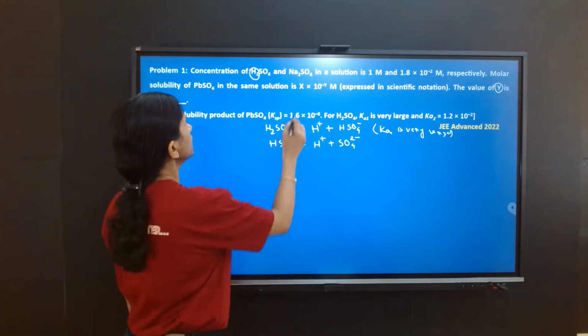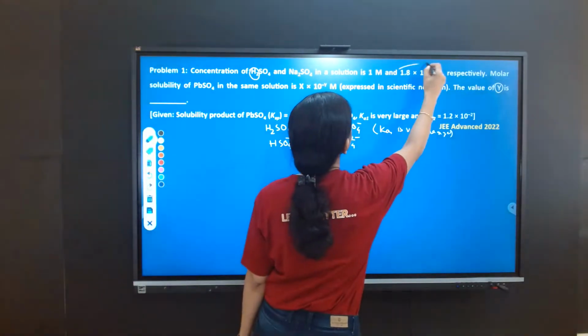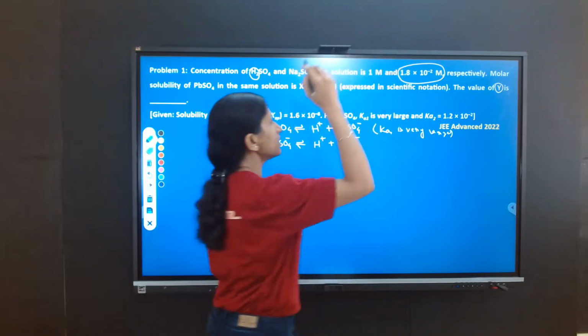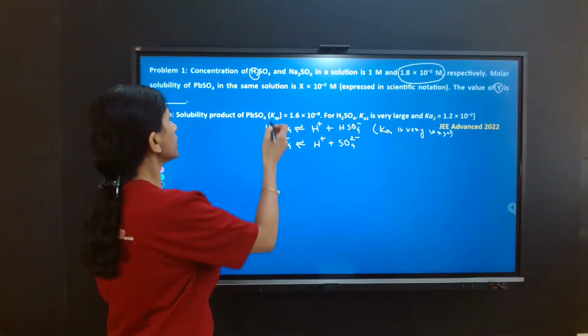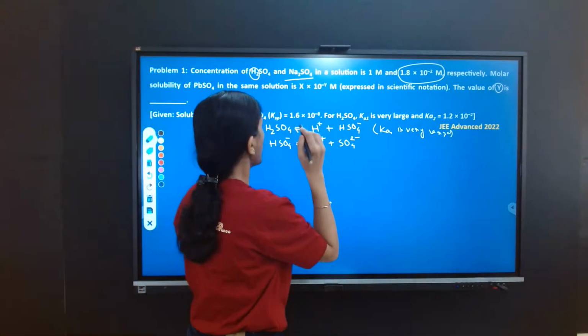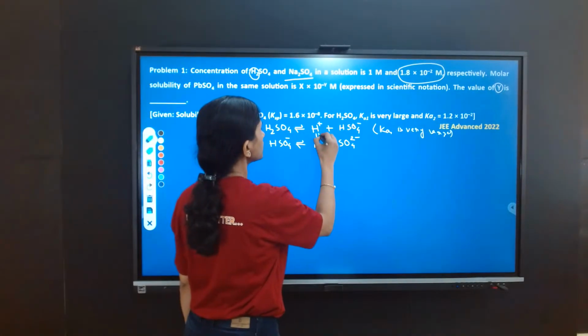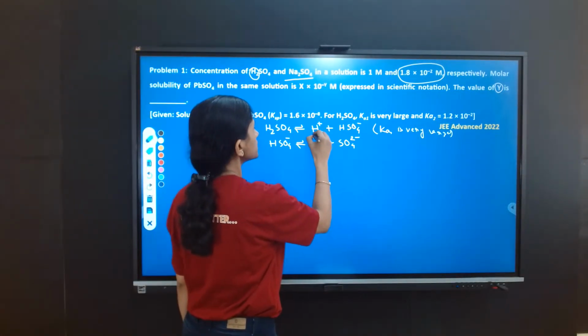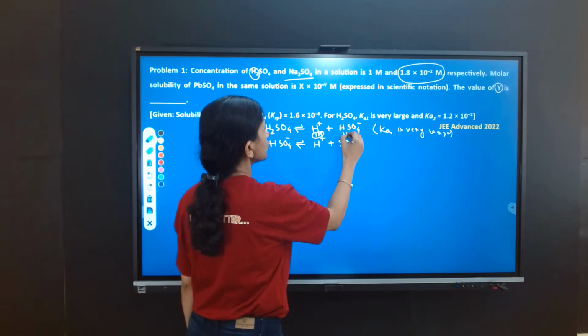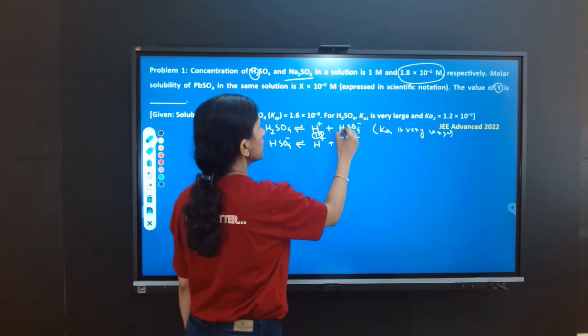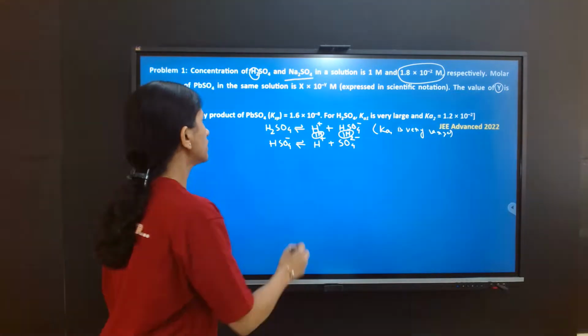Now, the SO4 2 minus concentration which is given here is actually coming from the Na2SO4, and it is also given that the concentration of H plus and the concentration of HSO4 minus is 1 molar, right?